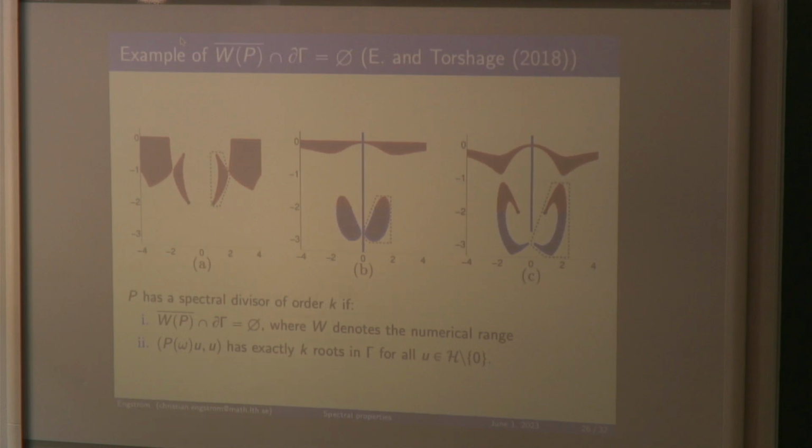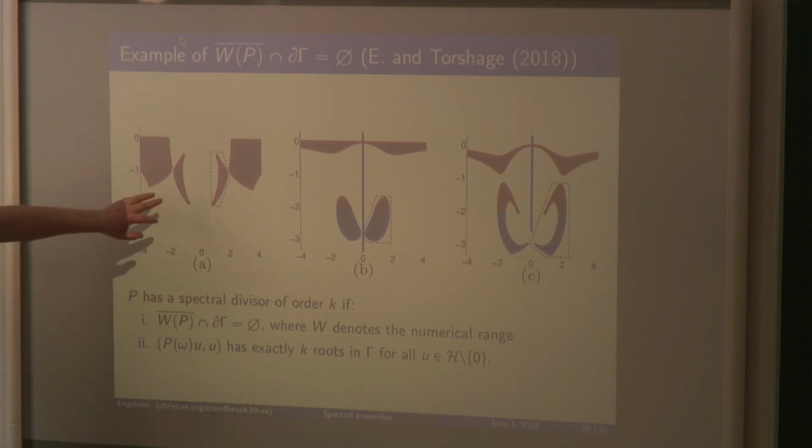So, okay, how do we actually know that we have a spectral divisor? Of course, this is not our result. This is also from the general theory, and maybe I can start with the pictures.